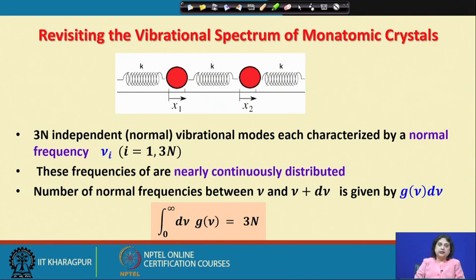So, now with this concept in mind, instead of the Einstein model, now I have capital 3 into capital N, these many simple harmonic oscillators which are independent of each other.